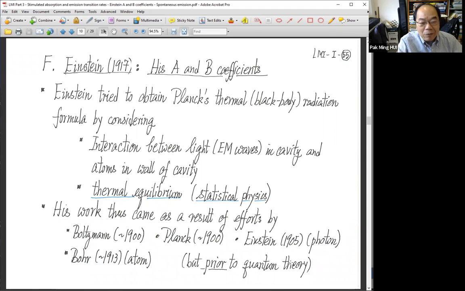And then we had Einstein, 1916, re-deriving Planck's formula.